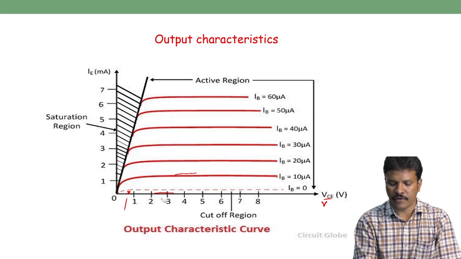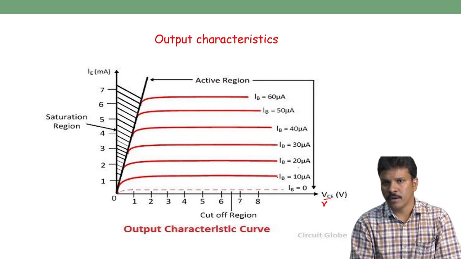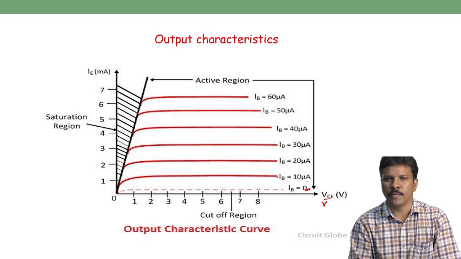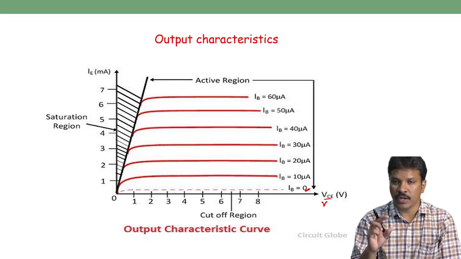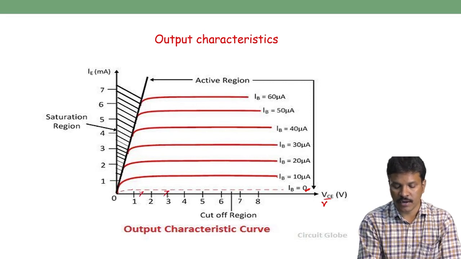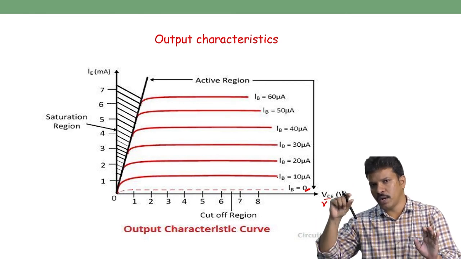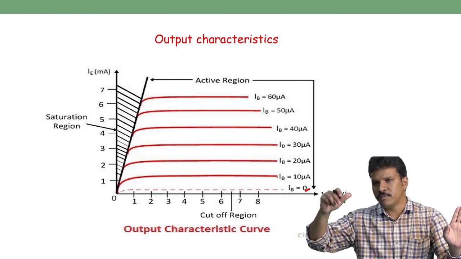Now let us see the cutoff region. What is the cutoff region? Let us take the input as empty, IB equal to 0 microampere, which means the base terminal is open circuit. When IB is 0, we increase the emitter to collector voltage and note down the emitter current. Changing the voltage while keeping the base terminal open is a reverse bias connection.